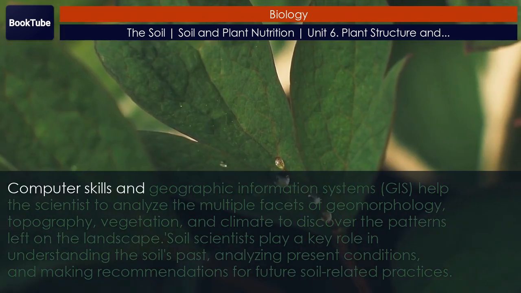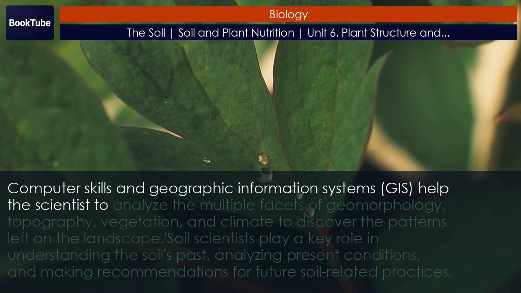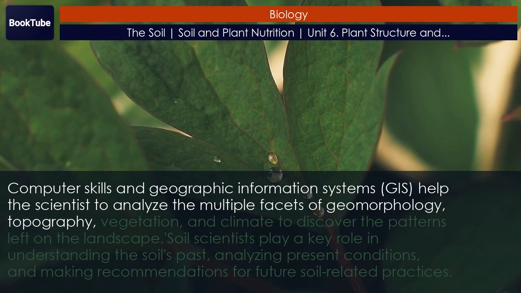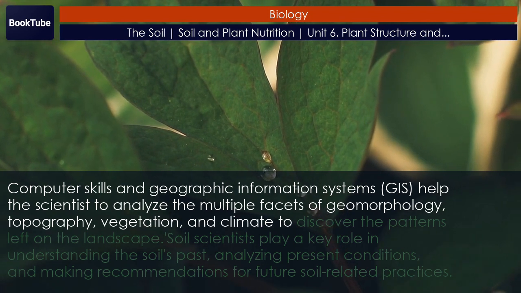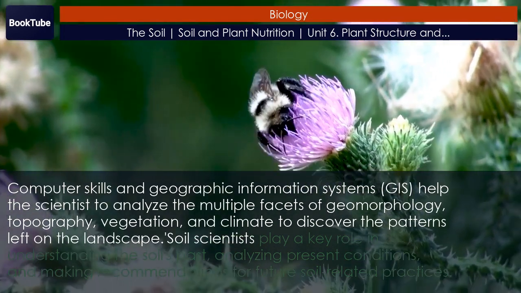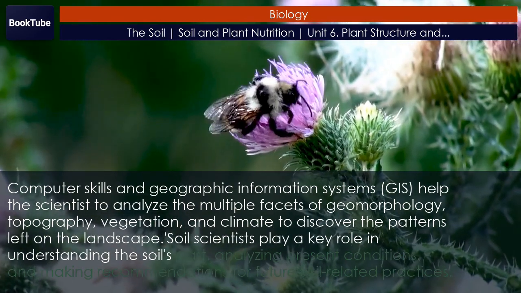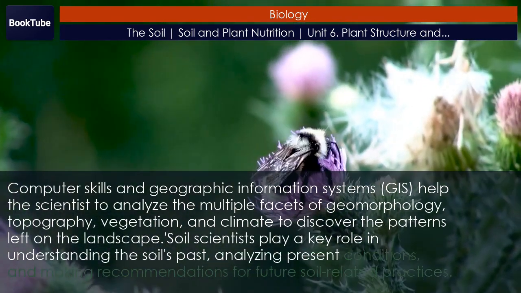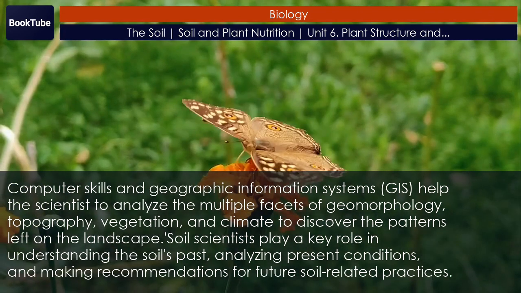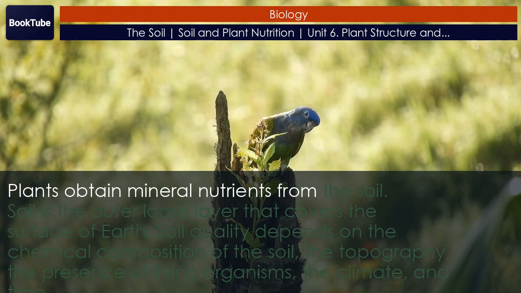Computer skills and geographic information systems, GIS, help the scientist to analyze the multiple facets of geomorphology, topography, vegetation, and climate to discover the patterns left on the landscape. Soil scientists play a key role in understanding the soil's past, analyzing present conditions, and making recommendations for future soil-related practices. Section Summary.